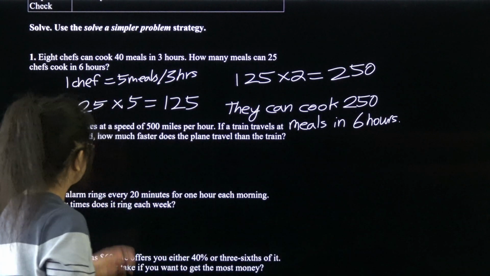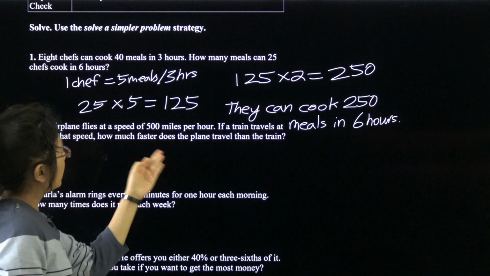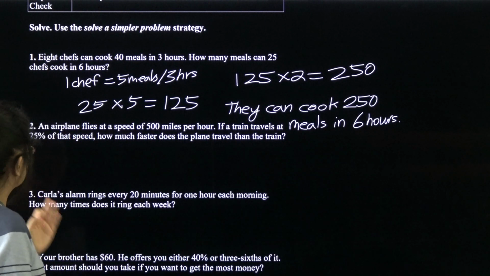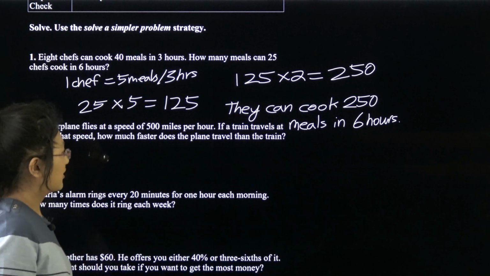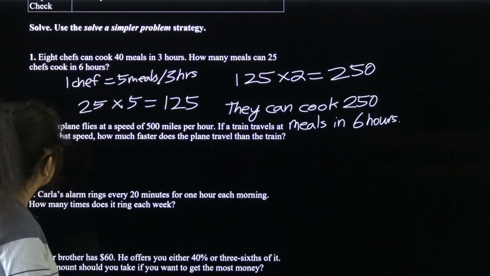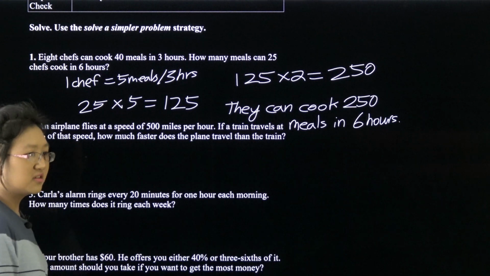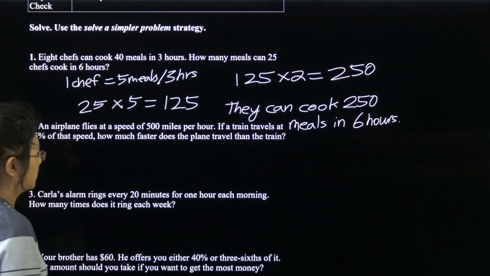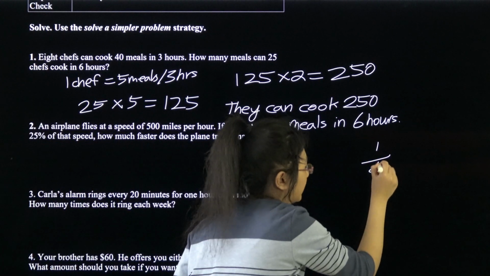All right. So question number 2. An airplane flies at a speed of 500 miles per hour. If a train travels at 25% of that speed, how much faster does the plane travel than the train? Honestly, you do not need to solve a simpler problem for this, because 25% is a quarter.